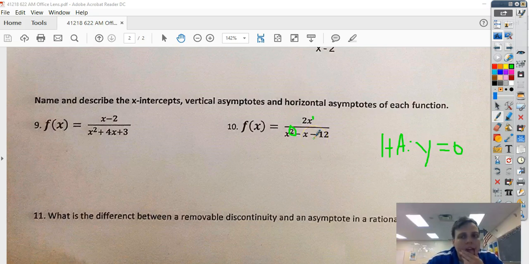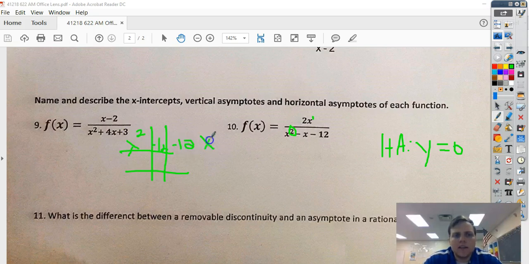Next, I like to factor my denominator. Good practice for those of you that are still struggling with factoring. We put x squared, we put negative 12, we get negative 12x squared. I need to find two numbers that multiply to negative 12x squared but add to negative x.